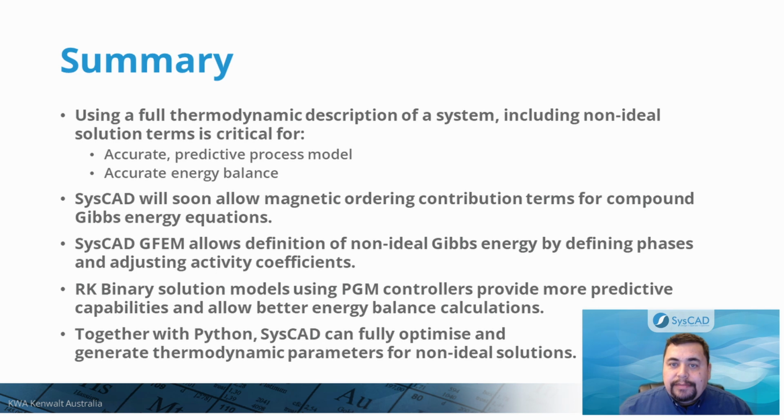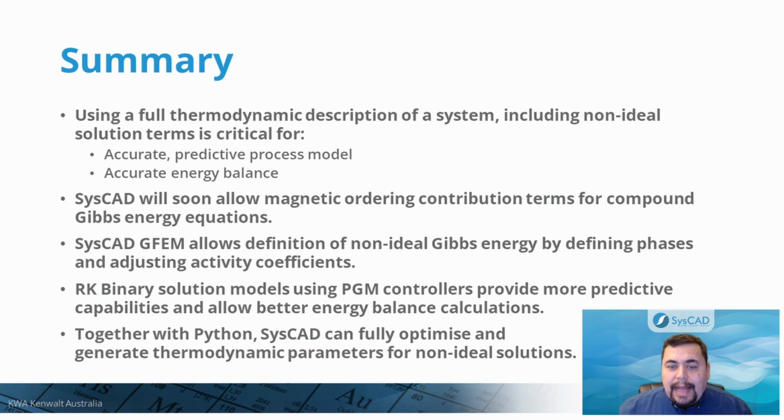Finally, to summarize, using the thermodynamic description of a system, including a non-ideal solution, can be of critical importance for an accurate predictive process model. In the case of steelmaking with hydrogen, we see that the correct excess concentration of hydrogen in the gas phase can only be predicted by a full non-ideal model.